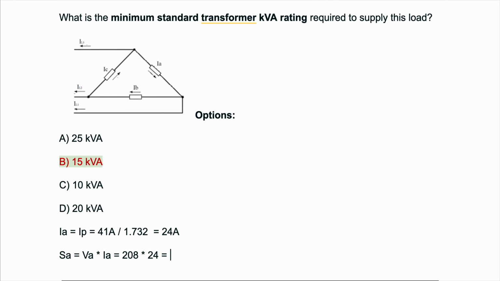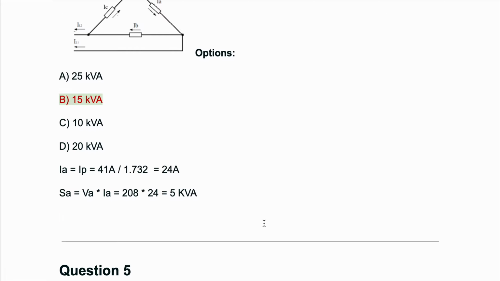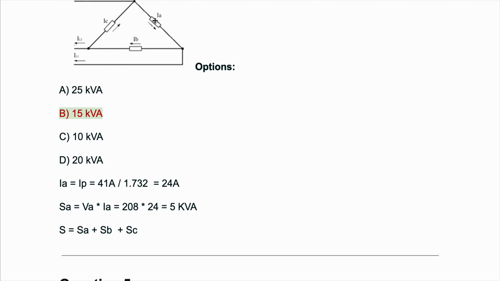It's actually equal to 5 kilovolt amp. And for the full three-phase load, S is SA plus SB plus SC. For each of these loads, SA, SB and SC, the total is equal to 15 kilovolt ampere, and this is the answer.